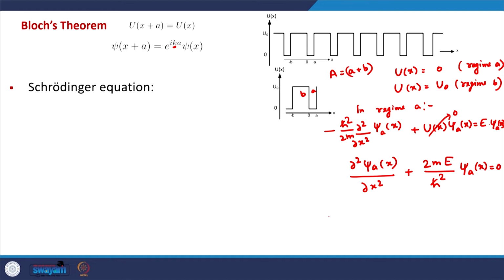This is quite like the Schrodinger equation for a free particle. So, this is the Schrodinger equation in regime A of the potential profile.